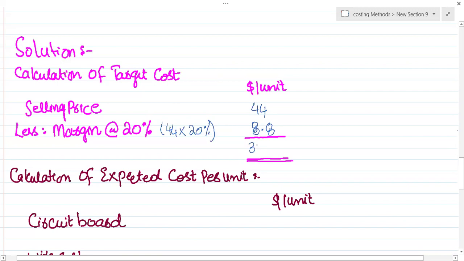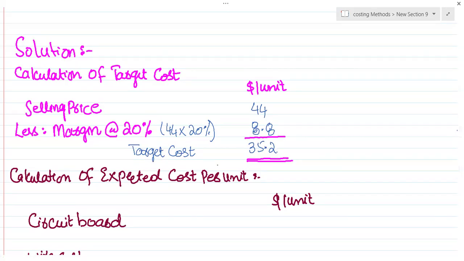So our target cost is 35.2. This is your target cost. Okay, this is understood. We have to deduct the margin, that is 8.8, and you will get 35.2. That is your target cost. Target cost is the maximum allowable cost of the product.